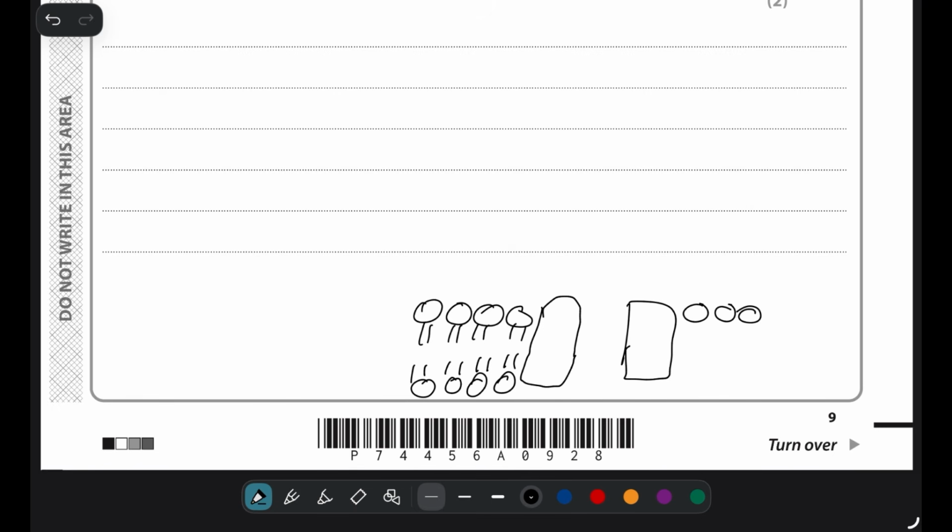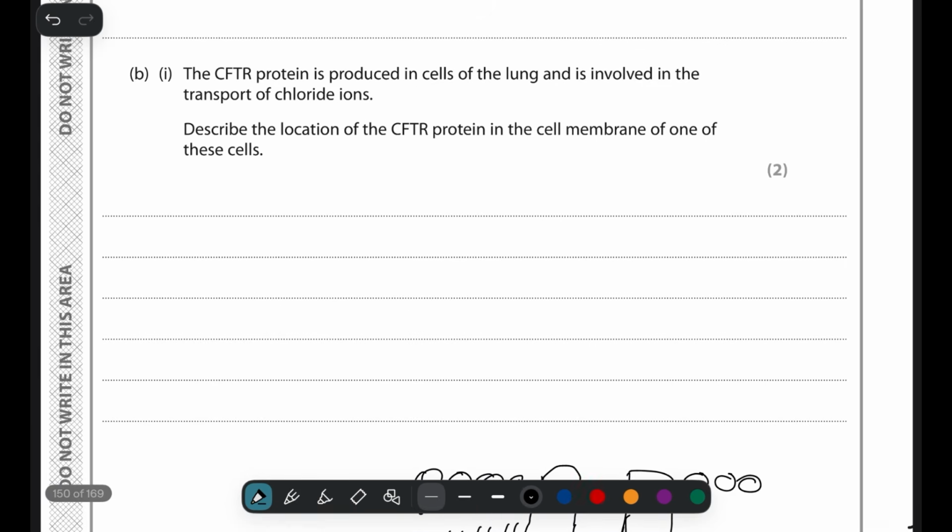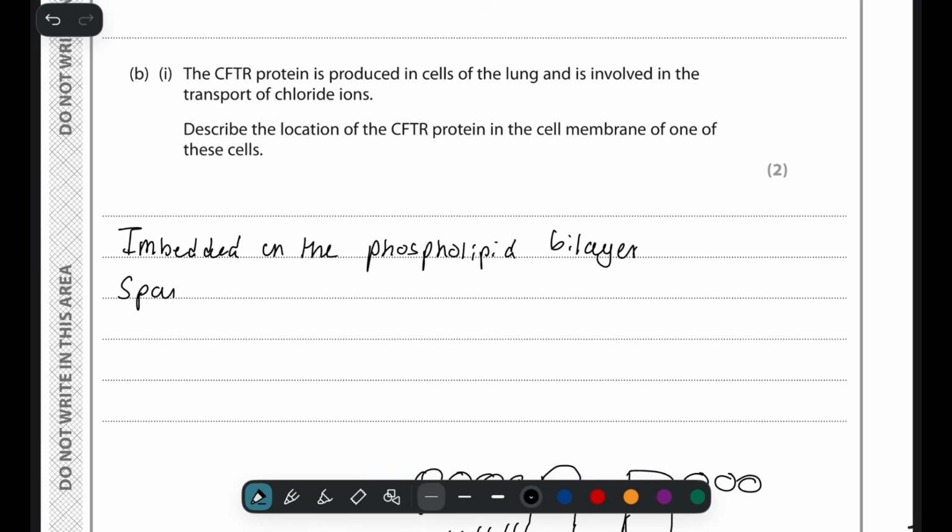So that's what you really want to put into words. So just say that it's embedded in the phospholipid bilayer. And it spans across both sides of the membrane. And that's what you want to say to get your marks there.